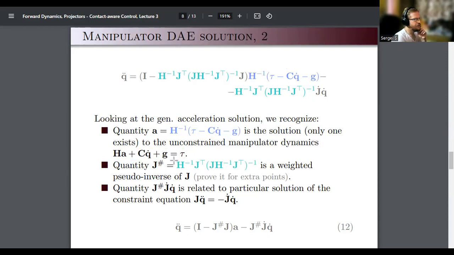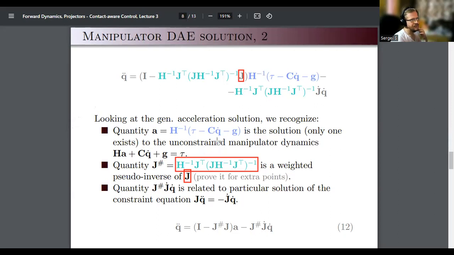Now, also, this quantity here is nothing but a weighted pseudo-inverse of J. So we have this constraint Jacobian J. Its weighted pseudo-inverse is this expression.